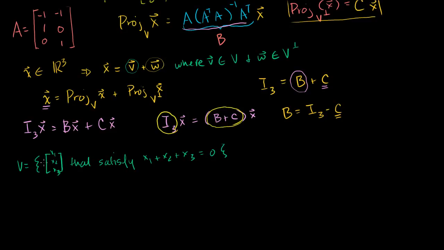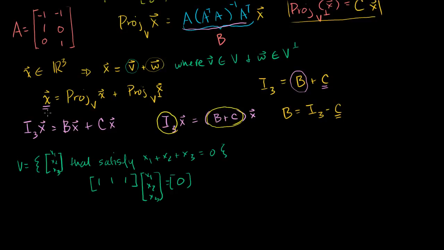Or another way to say it is all the x1s, x2s, and x3s that satisfy the equation 1, 1, 1 times x1, x2, x3 is equal to the 0 vector. Or in this case, it'll just be 0. So 1 times x1 plus 1 times x2 plus 1 times x3 is going to equal 0. This is another way to write V.